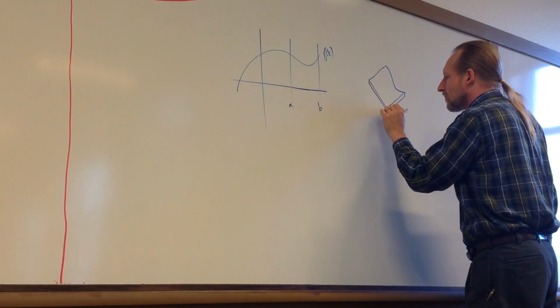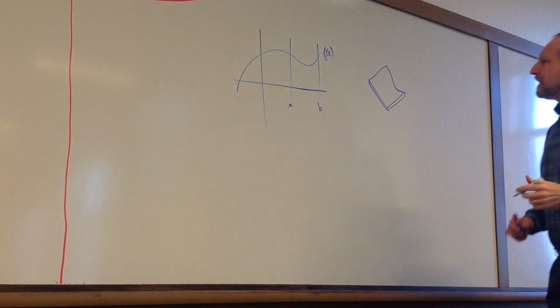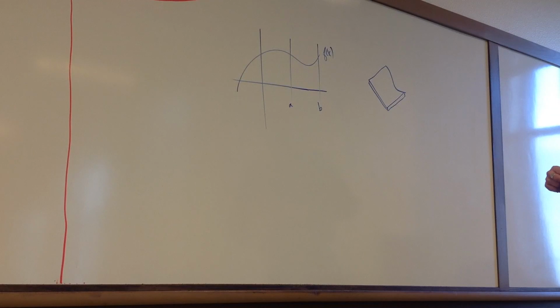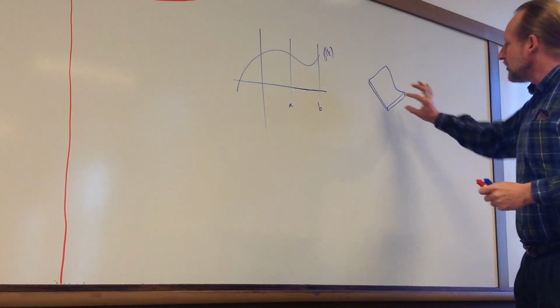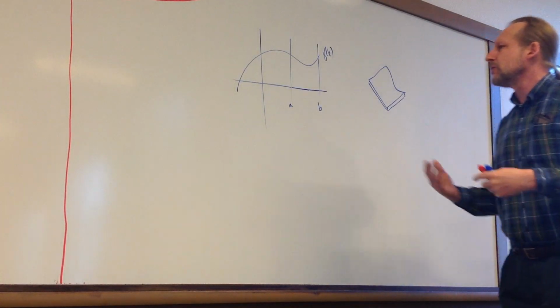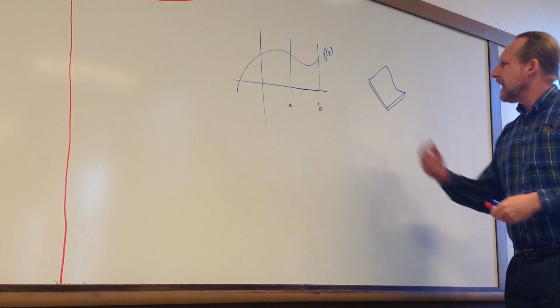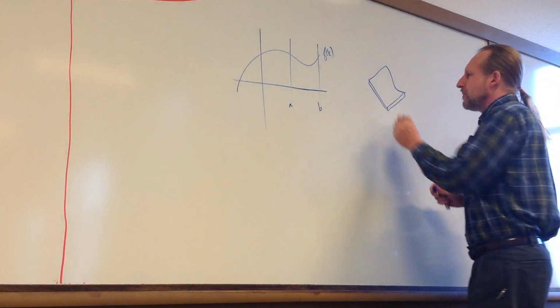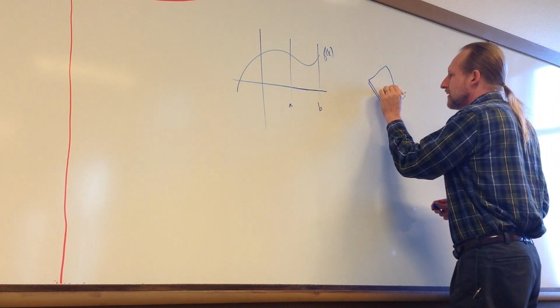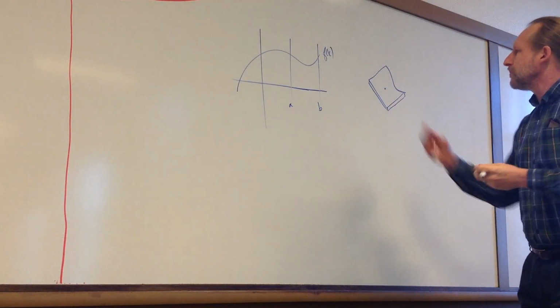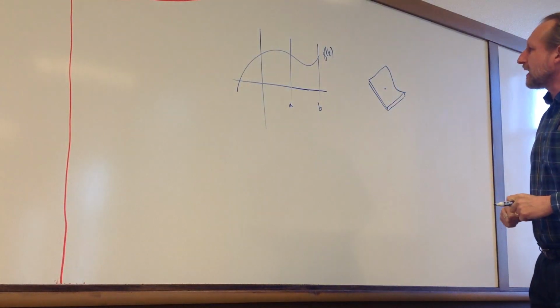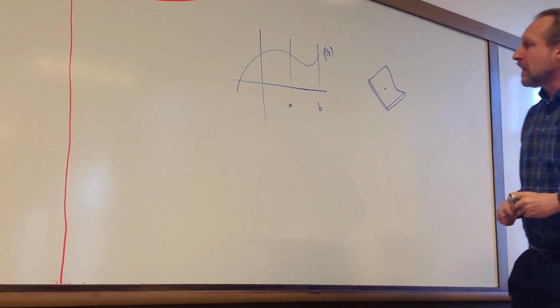Okay. So we've got this 3D object, and I've drawn it so that it's got a uniform height. The key here is that it's uniform density. And in this case, the center of mass will be the point in here somewhere that is the balance point for that object.